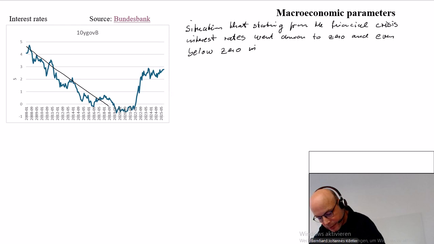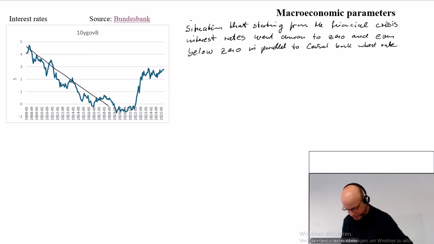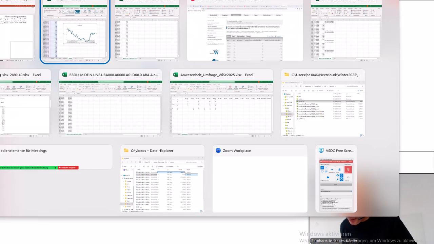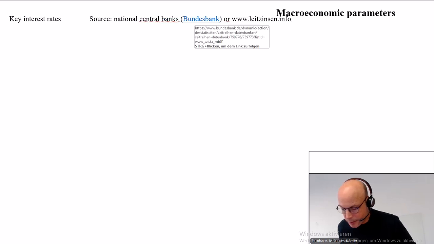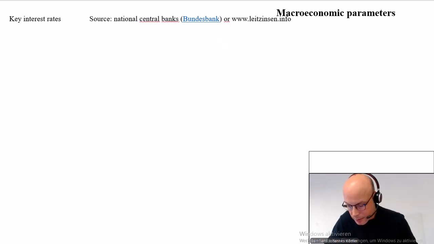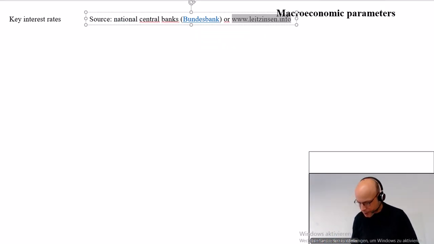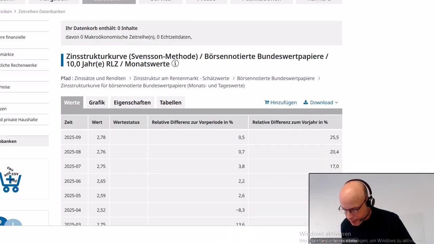In parallel to the central bank interest rate. Well, I think I also had a link here for the interest rate. Let's take this one, then I can just copy the picture for today.